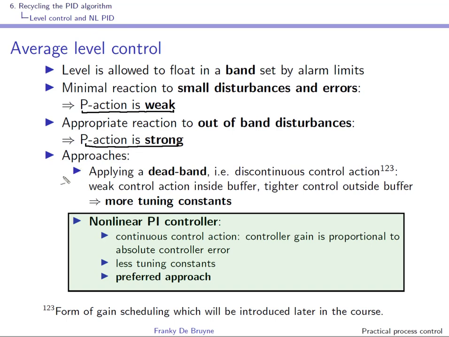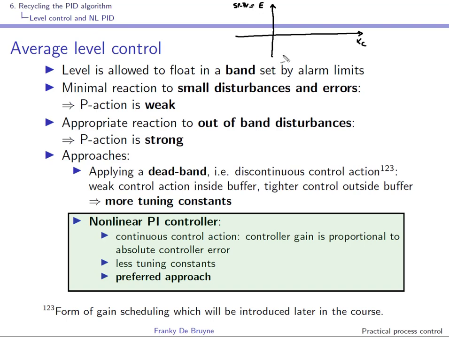There are essentially two ways to implement this. The first one is to work with a dead band or with dead bands. We can make the following representation. This is the controller gain that will be adapted, and this is the control error. It can be positive and negative, and this is set point minus PV.